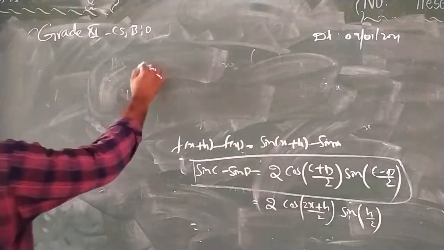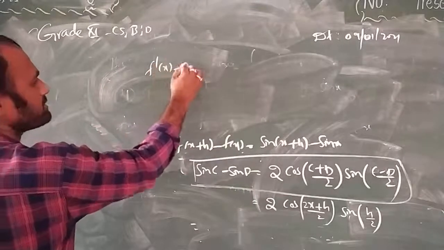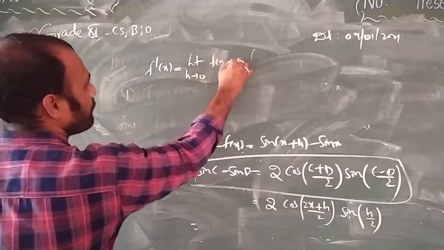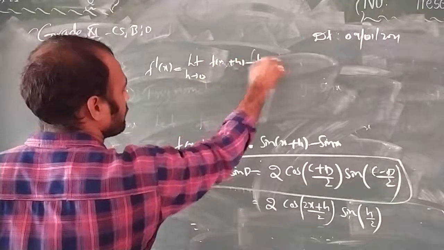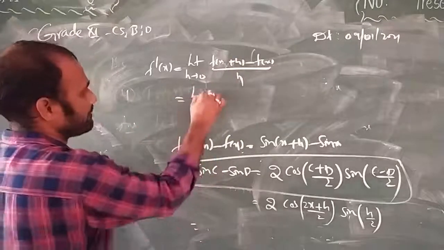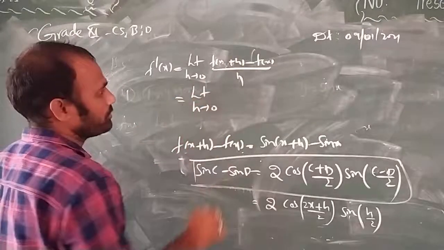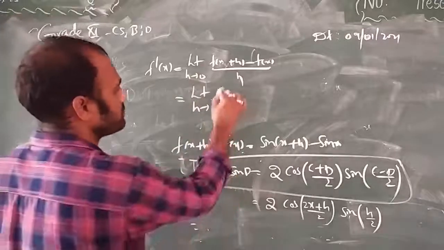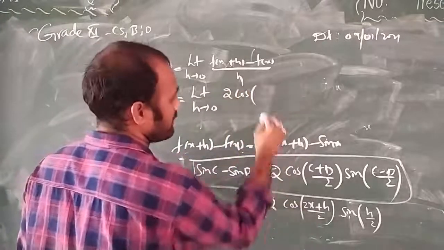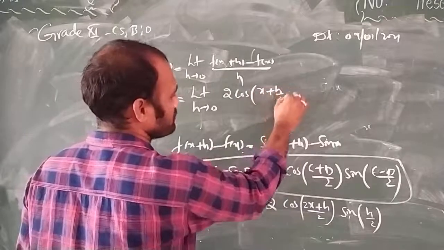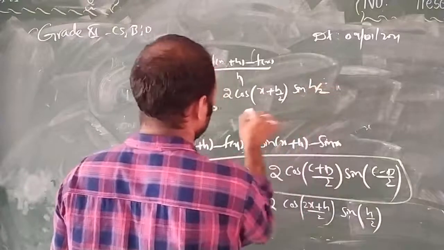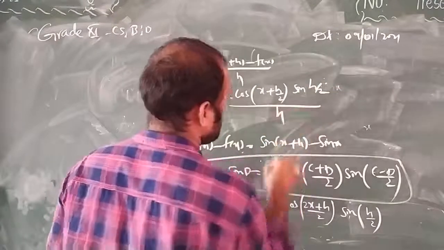Let me apply the first principle. f dash of x is equal to limit h tends to 0 of f of x plus h minus f of x divided by h. Limit h tends to 0 of 2 cos of x plus h by 2 sin of h by 2 divided by h.